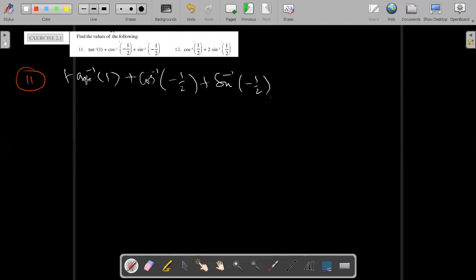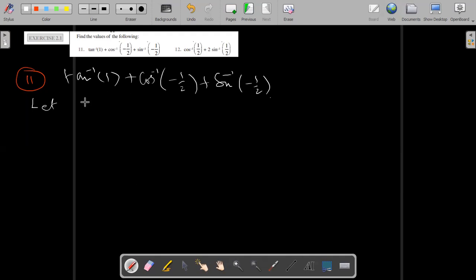Okay. First, we will see question number 11, find the values. Whenever we are finding the value, we have to bring it in the principal value branch. So for tan inverse 1, cos inverse minus 1 by 2, and sine inverse minus 1 by 2, these three values will be calculated separately first and then substituted here. So first we are taking tan inverse 1. Here we have three numbers, so we will take x, y, z so that they are different.